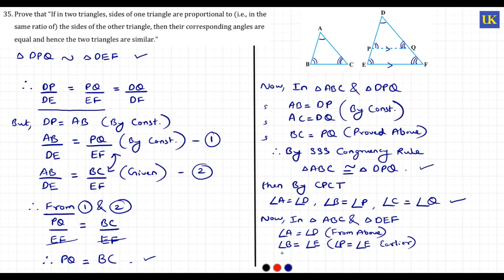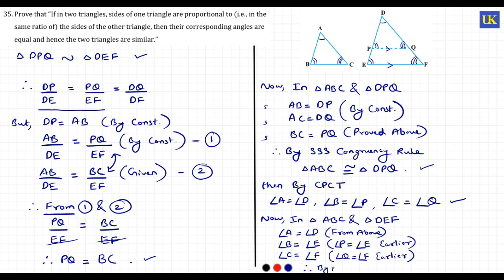And similarly, I can write that C is equal to F, because C is equal to Q, but I will write F because earlier we have proved that angle Q is equal to angle F. So instead of writing Q, I will write F here. We have proved this earlier, on the earlier page you can see.